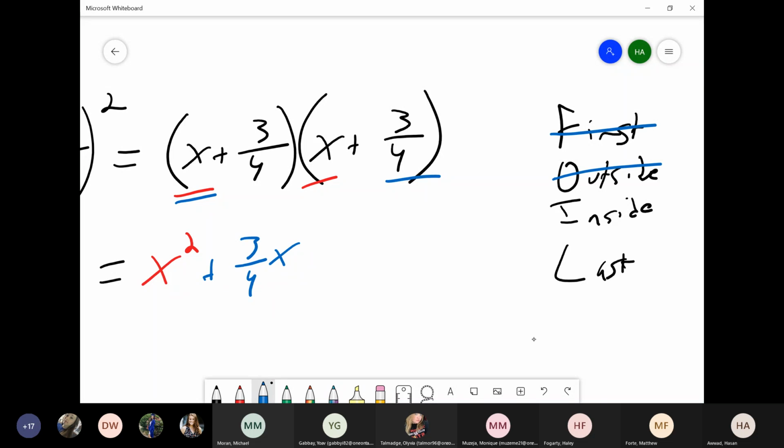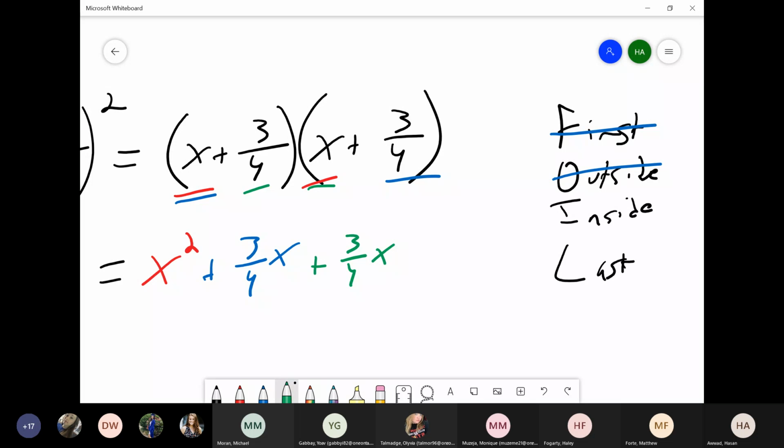So we did first, we did outside, let's do inside. Inside relates to the positions on the innermost of the 2 parentheses. So that's going to be 3/4 and x once again. So we're going to have plus 3/4 x, because again, 3/4 times x, you can't simplify anything.